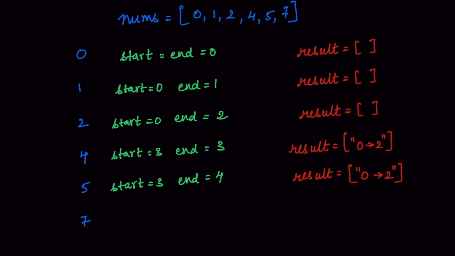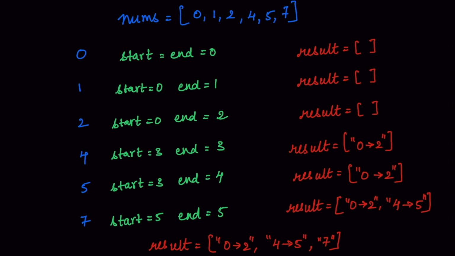So in this case, the first thing that we are going to do is store the result of the previous range, then update our start and end pointers respectively. So we are going to update our start and end pointer to 5. Finally, we are going to store the result.